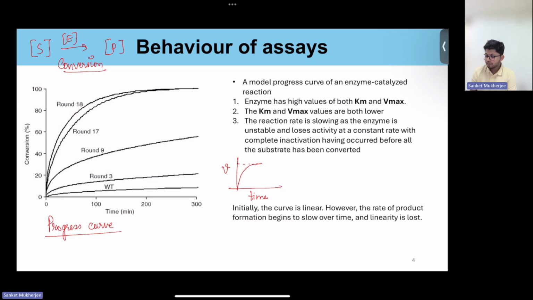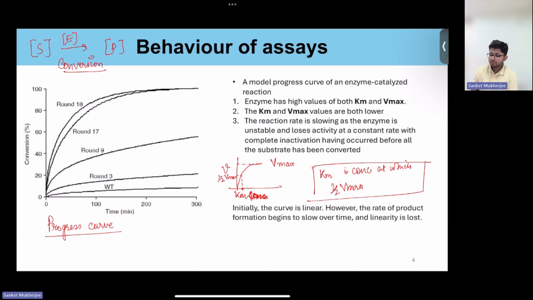So the maximum attainable V is called the Vmax, and half of Vmax is attained at, sorry, the concentration Km. So Km is the concentration at which half of Vmax is attained. Basically, the lower the Km of an enzyme, the better its activity.